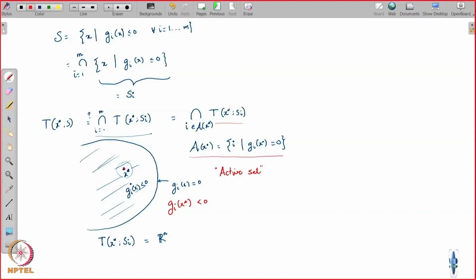So the tangent cone with respect to that particular set Si would be Rn at the point x star.